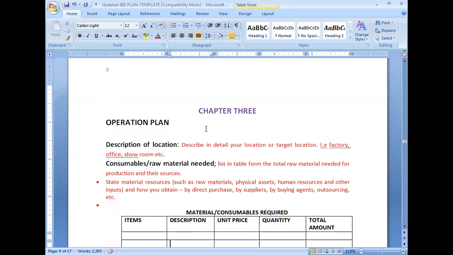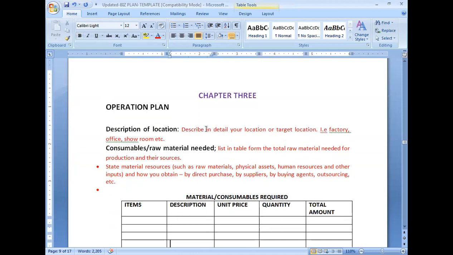So chapter 3 is talking about operation plan. If you are into production, what you should use here will be production plan. So for this operation plan, you need to first of all describe your business location. Is it strategically located?